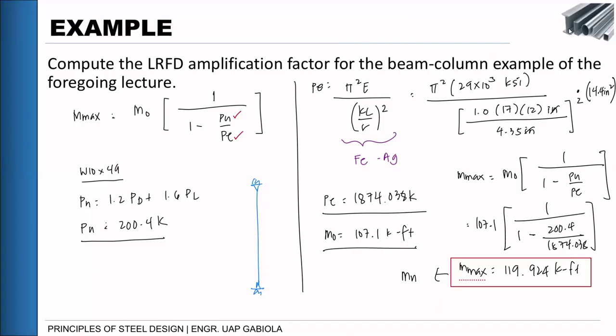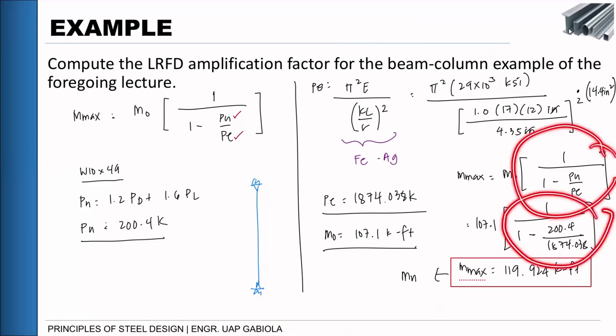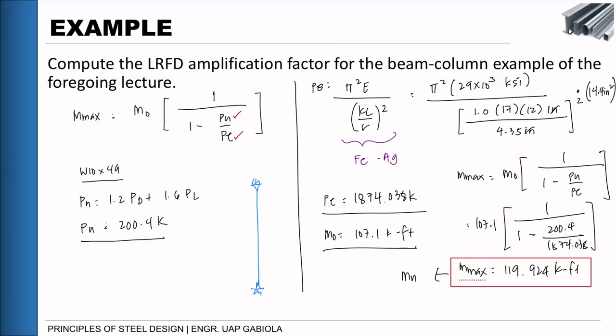So if you want to know how much yung in-increase, you just evaluate itong function natin na to. So alisin natin yung multiplier na 107.1. Makukuha natin na yung amplification factor natin is equal sa 1.120. Okay? So it means amplify na 12% yung mismo section natin.